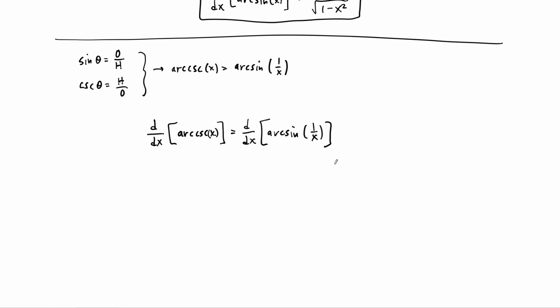And then by the chain rule, I'll label this for us. We're going to call this u. If I call that u, then it's going to be d by du of arc sine of u, times du dx, the derivative of u with respect to x.